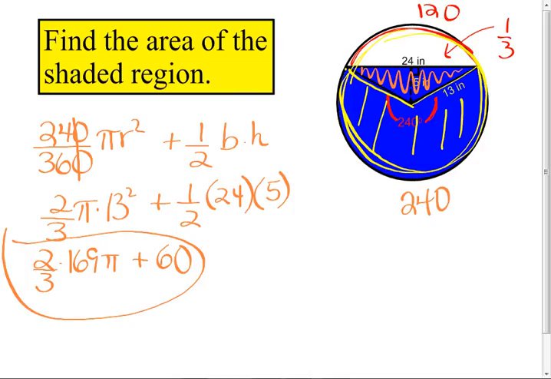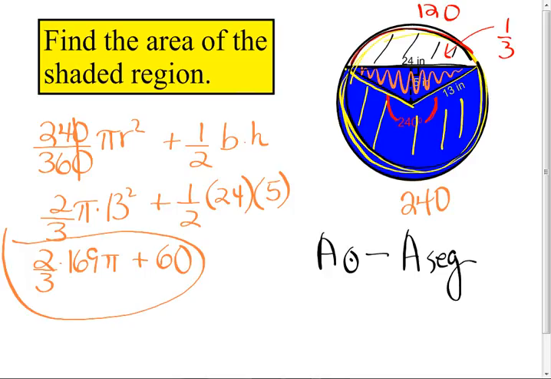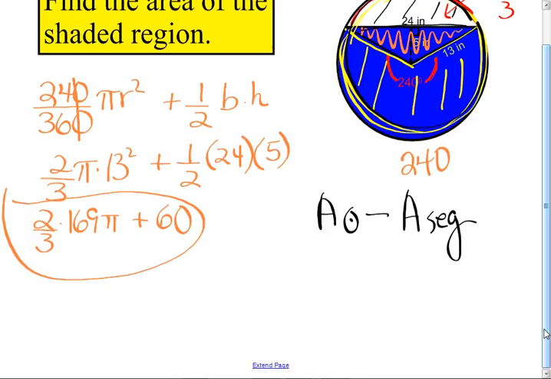You could find the area of the circle and subtract off the segment that we just found, which I think is harder. I think it's easier to look at the sector that I have in yellow and add the triangle in orange. It doesn't matter, it's the same thing. So what is the area of the circle? Well, I should double the 169.